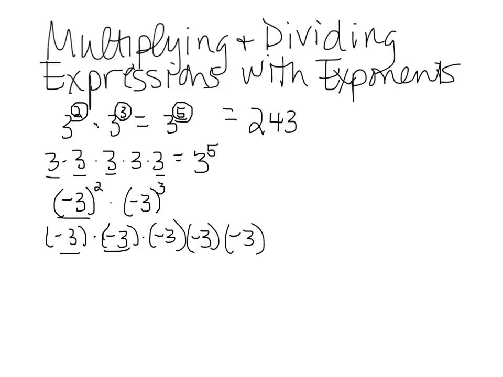Well, you can see that it's much faster to realize that this is going to be negative 3 to the fifth power. And I know that a negative number raised to an odd power is negative. And I also know from up here that that is 243. So this is negative 243.